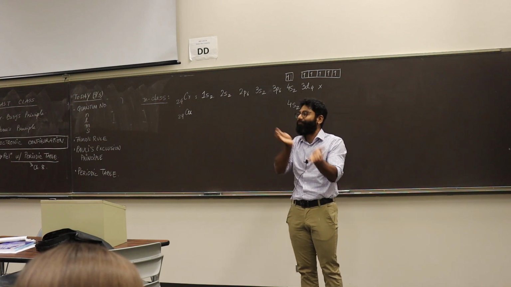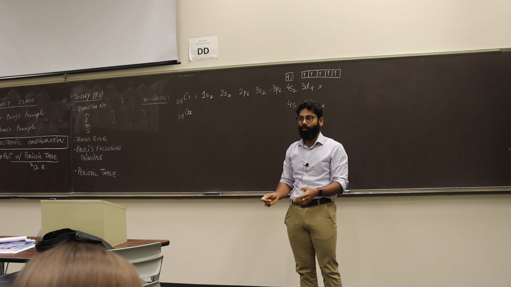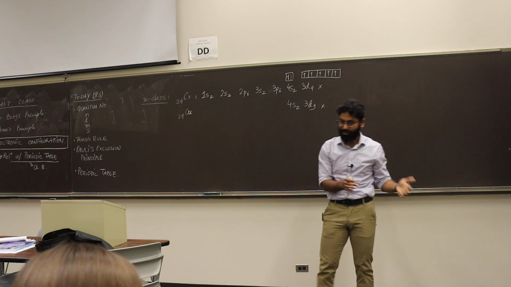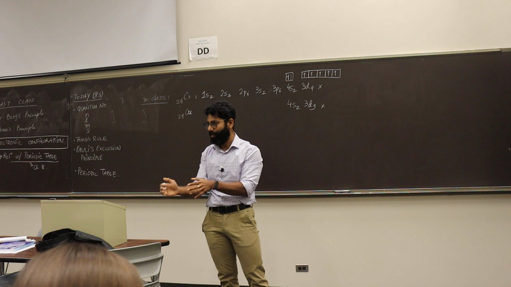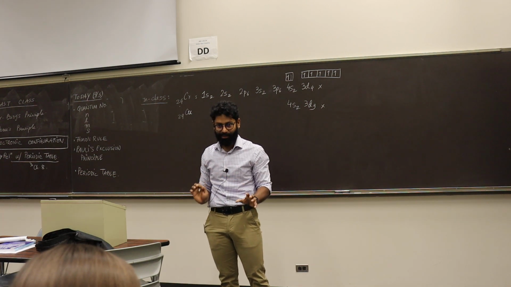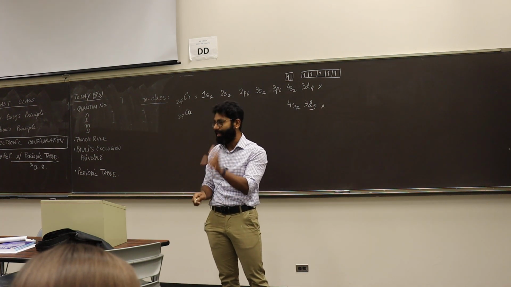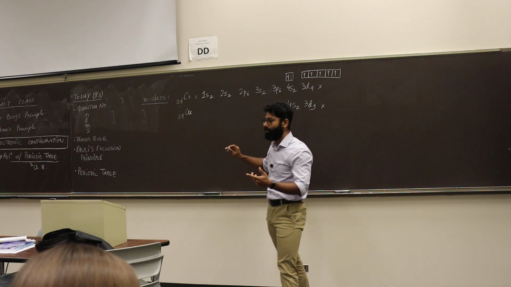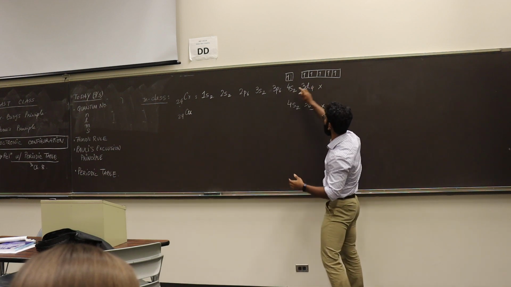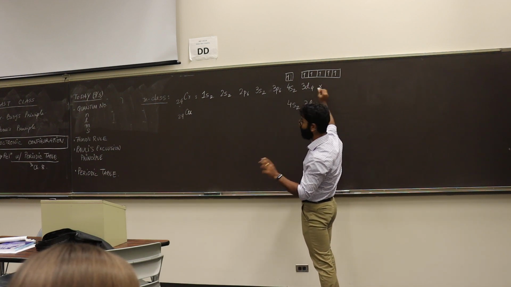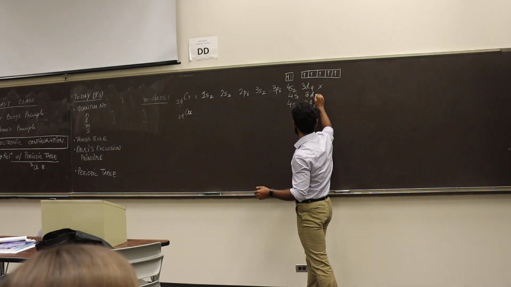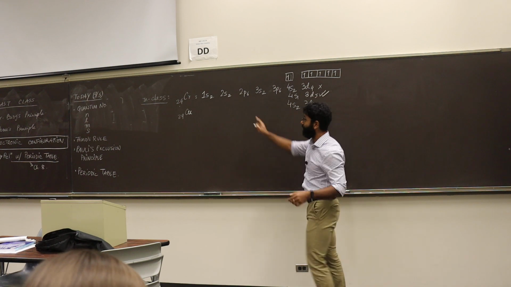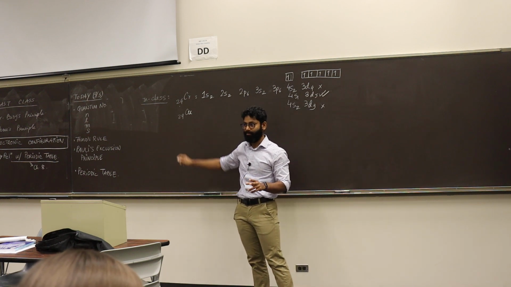Somehow the two half-filled got favored over one full and one partially filled. There is an energy that we can actually calculate, but I'm not going into that. These are examples in which 4s2 3d4 is not favored, and 4s1 3d5 becomes favored, for chromium.